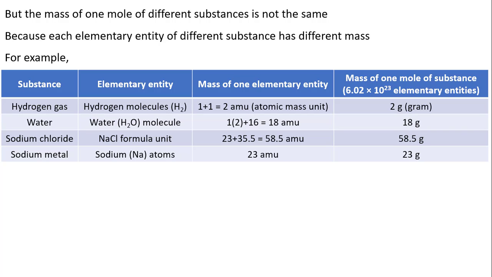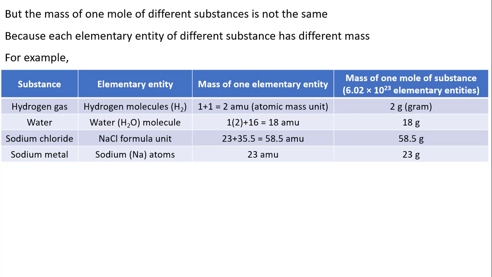And what will be the weight of one mole of a sodium atom, or I can say one mole of the sodium metal? If we talk about one mole, we will talk about the nature of the substance. So what will be the mass of one mole of sodium metal? It's just going to be 23 grams, and that simple it is.